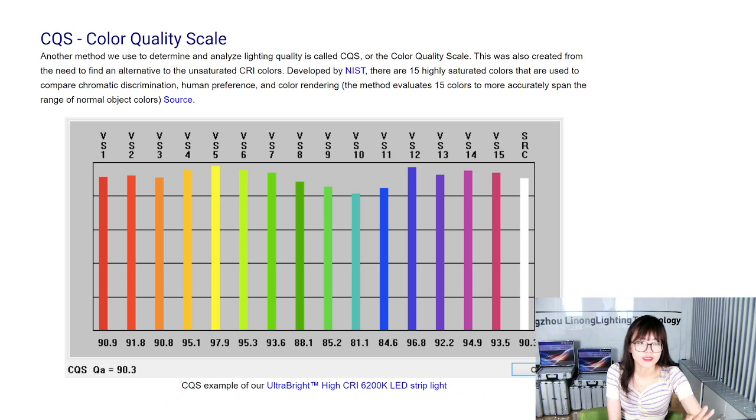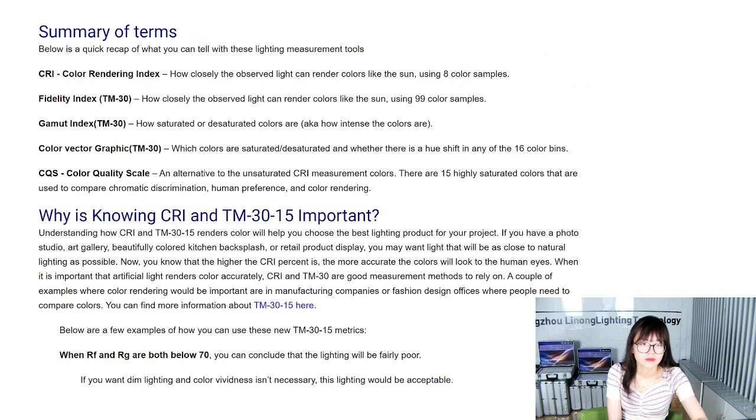And CQS, that's short for color quality scale. So here we will see that it is like our CRI. So let's make a summary of the terms, okay? Below is a very quick recap of what you can tell with these lighting measurement tools. CRI is how closely the observed light can render colors like the sun.